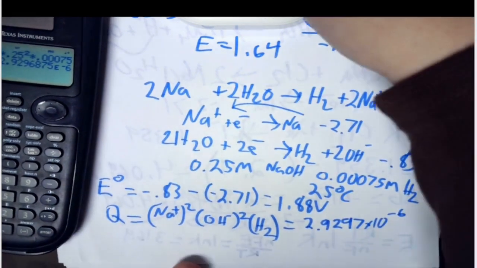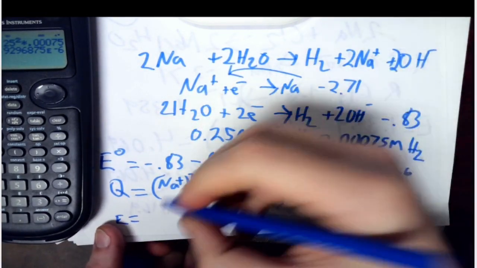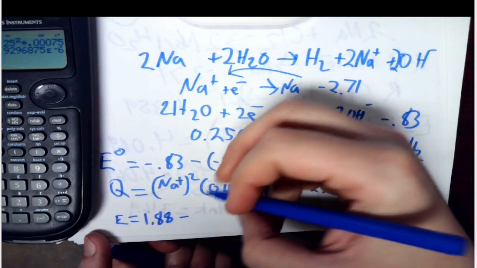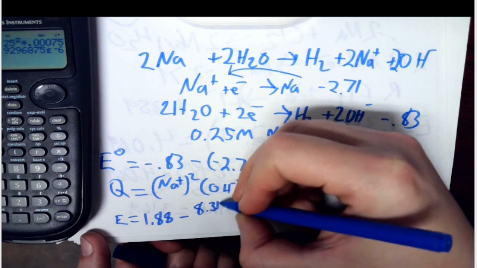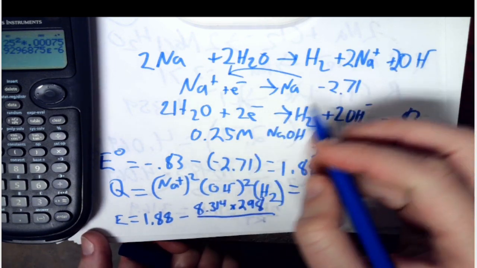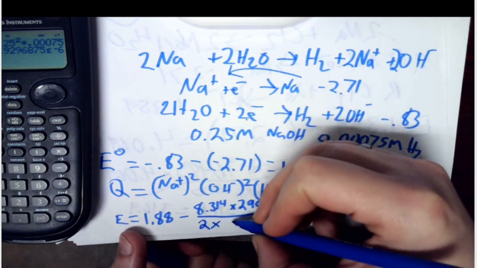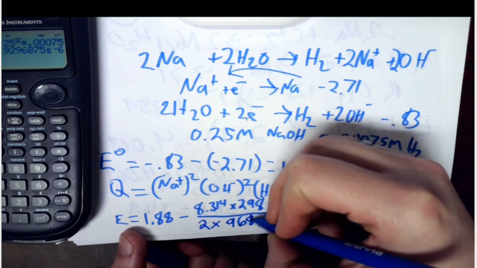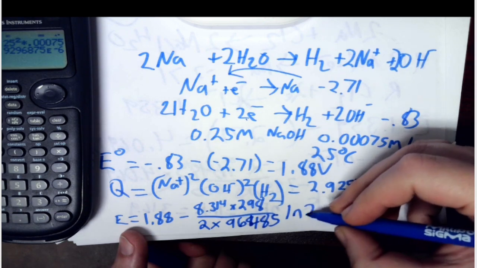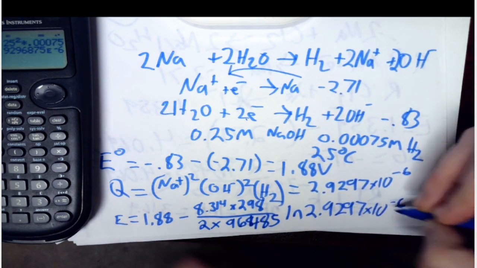So with that in mind, our E non-standard is going to be equal to the E standard, 1.88, minus R times T, 298, divided by N, 2 electrons, F, 96485, times ln of 9.7 times 10 to the negative 6th.